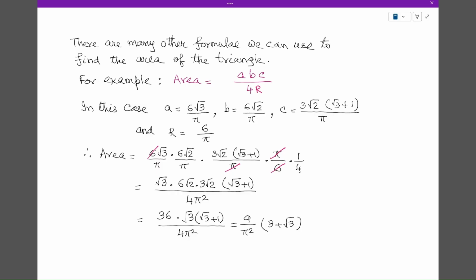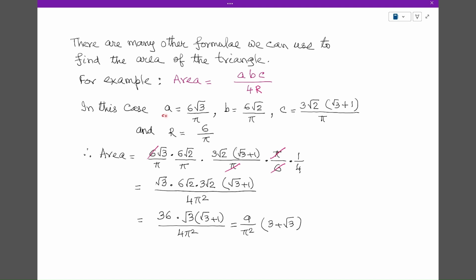There are many other formulae we can use to find the area of the triangle. For example, another formula is area is equal to ABC divided by 4R, where A, B, C are the three sides of the triangle and R is the radius of the circle on which the vertices of the triangle are located.